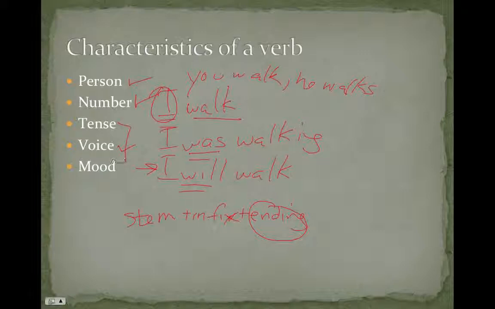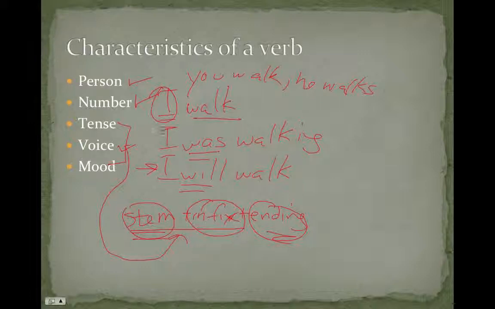The tense and the mood are determined by the stem and a possible infix. So we may have a present stem with no infix plus an ending. That will tell us, oh, well, this is present tense, first person singular, or first person plural, depending on the ending. We may use a past tense, that is the perfect stem, plus an infix, and that combination will give us another type of tense.